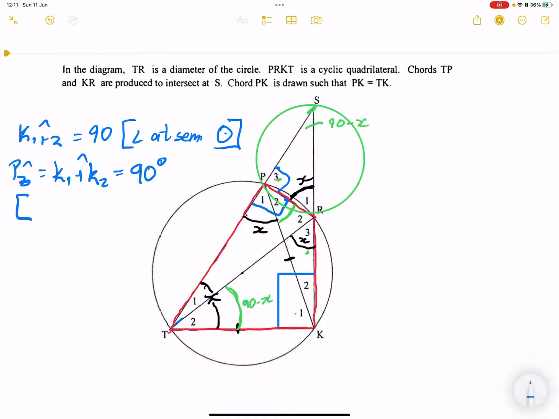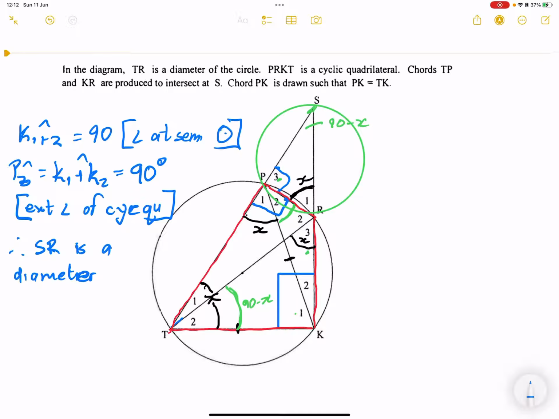But what was the reason there? That's the exterior angle of a cyclic quad. Okay, I'm not going to complete that. So we know that now P3 is equal to 90 degrees. So therefore, it means that SR would be a diameter. Why would that be the case?